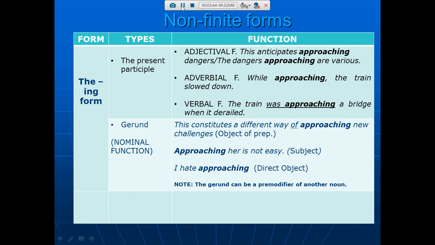It can be the head of the subject in approaching her is not easy. Or finally, it can be the head of the direct object in I hate approaching her. I forgot the her there. Finally, it's important to remember that in English, the gerund can exceptionally be a pre-modifier of another noun. Let's see when.